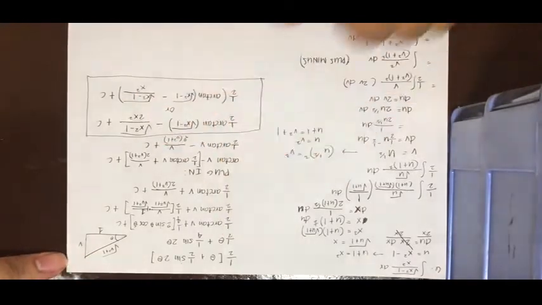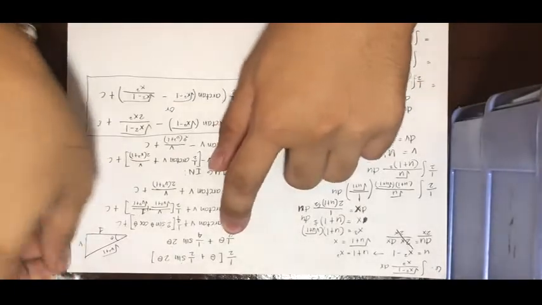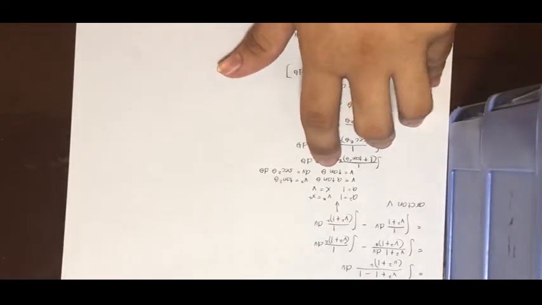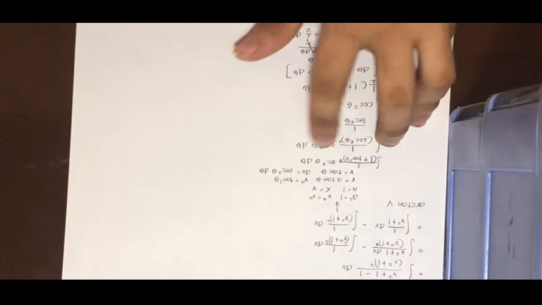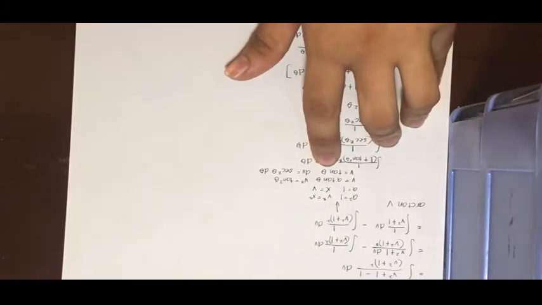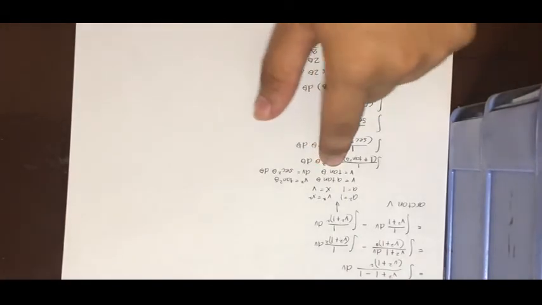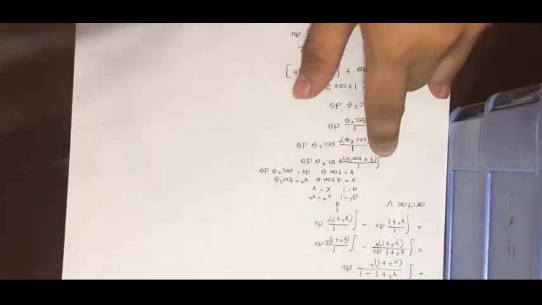Now, about the value of theta that I got a while ago. As I said, I got tan theta is equal to v over 1. So in order for me to only get theta right here, in order to cancel the tan right here, I would have to apply arctan to both sides.